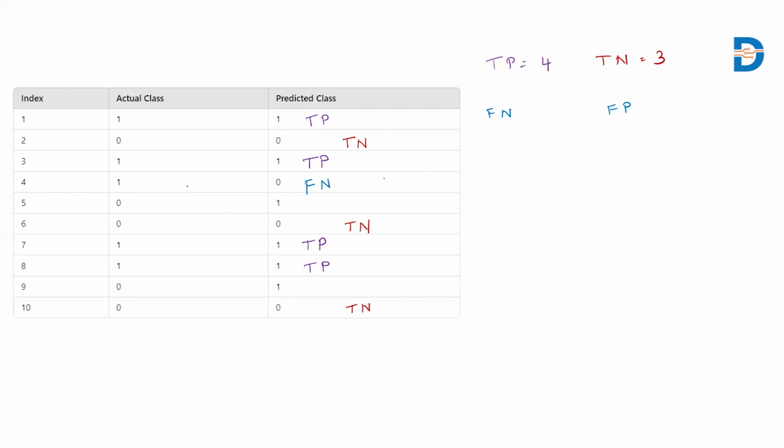Okay, there is only one false negative. So the remaining is what? 0, 1 false positive, 0, 1 false positive. I guess we have covered all of it. Okay, so this is how we are going to arrive at a confusion matrix.